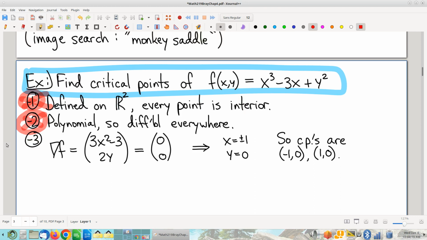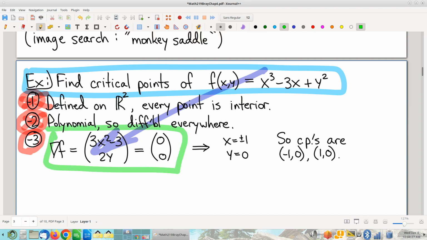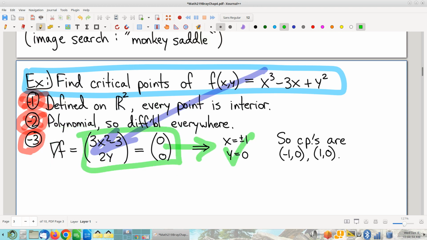So we move along to the third condition. I need to find points where maybe the gradient's equal to 0. So, let's take the gradient, set it equal to 0. Look at this resulting algebra. And good news, that algebra is actually pretty easy. The first equation straight up tells you x is plus or minus 1.